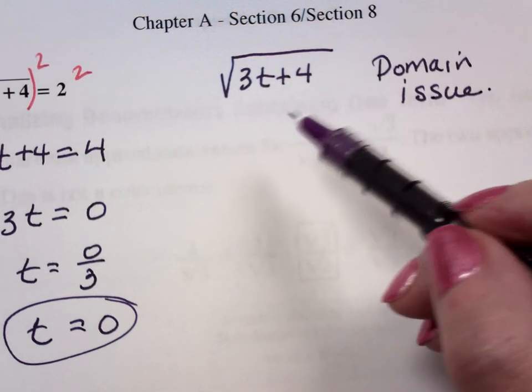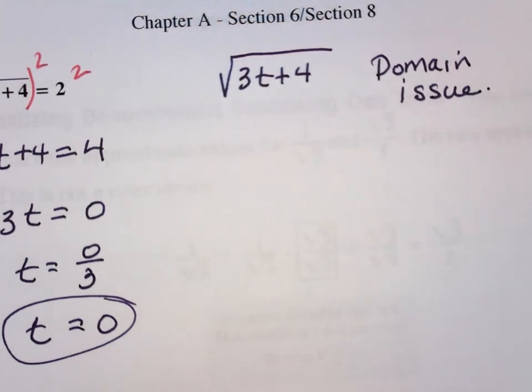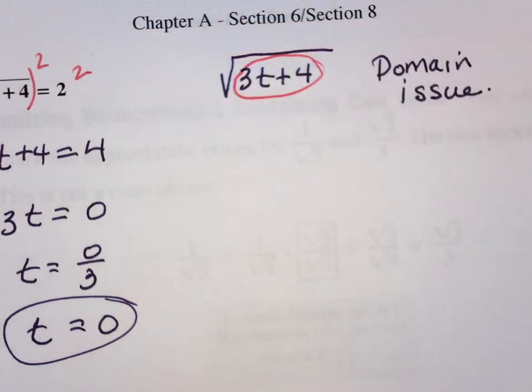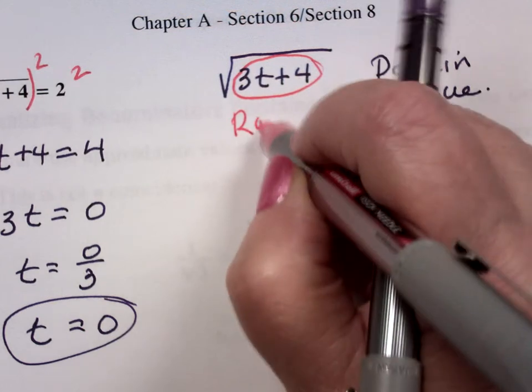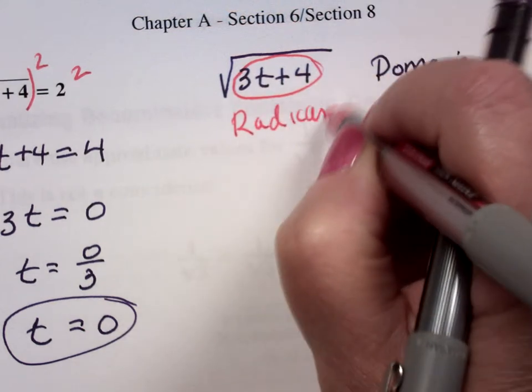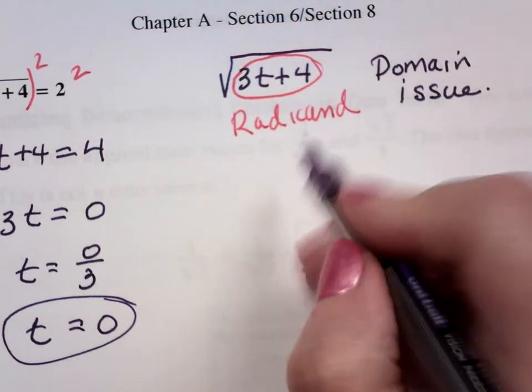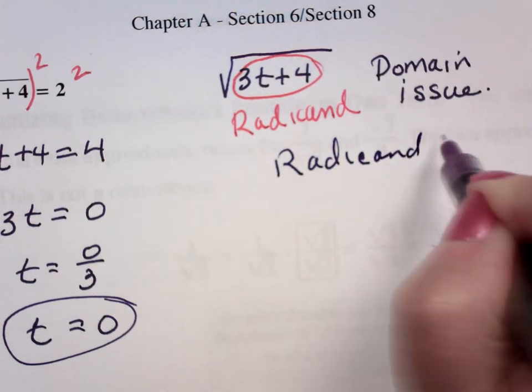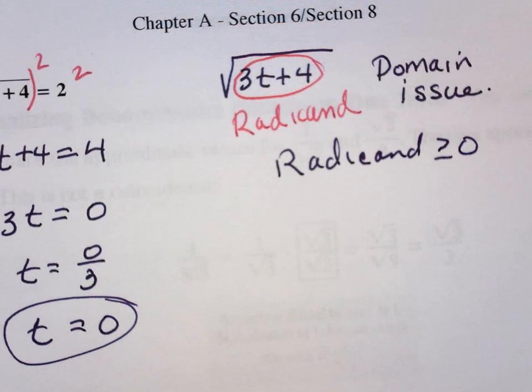Most of the time we're going to be dealing with real numbers, which means that what's under the radical, which is called, by the way, the radicand, must be greater than or equal to 0.